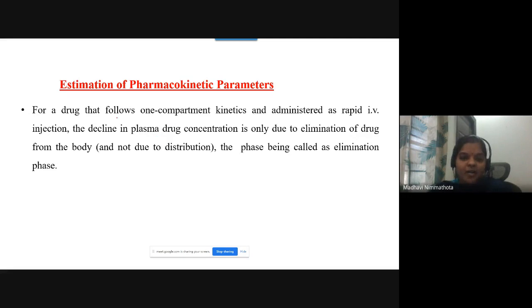For a drug that follows one compartmental kinetics and is administered as a rapid injection, the decline in the plasma drug concentration is only due to the elimination. So after some time there is a decline in the plasma drug concentration. Why is this plasma drug concentration declining here?